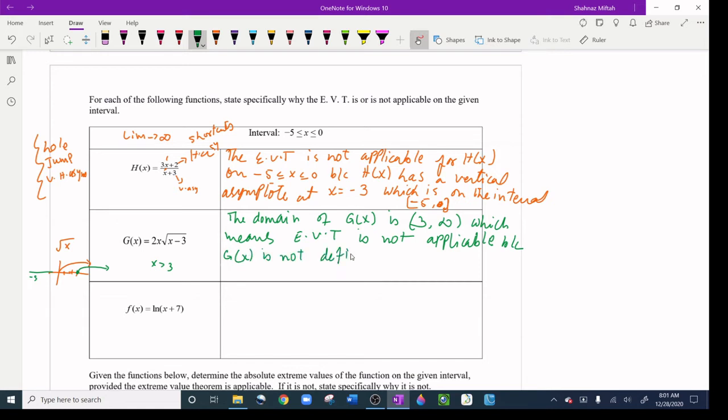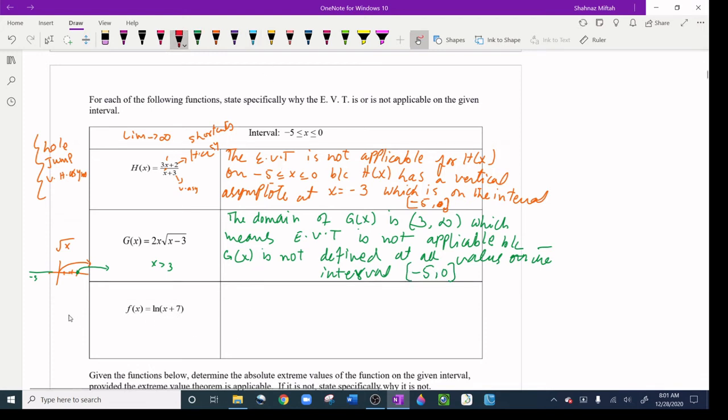I don't have it there from -5. It is defined from 3 to some points, but it's going towards infinity, which is not a real value anyway.